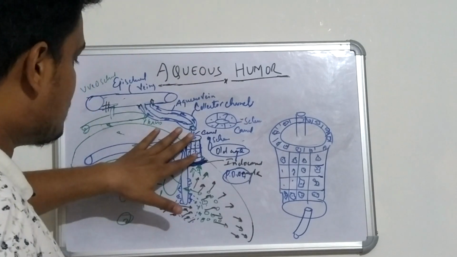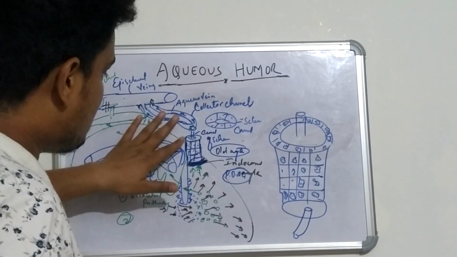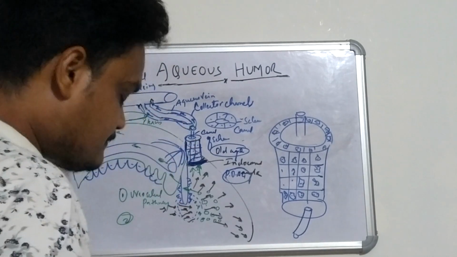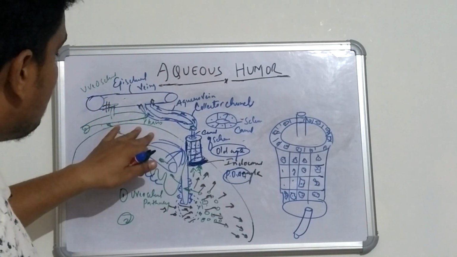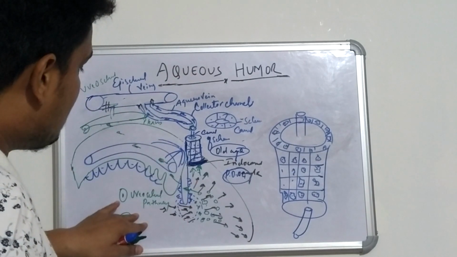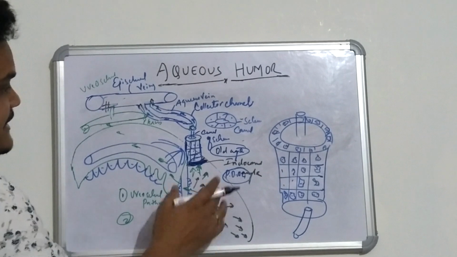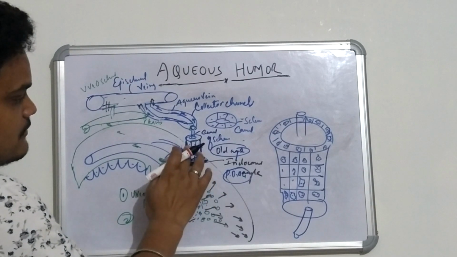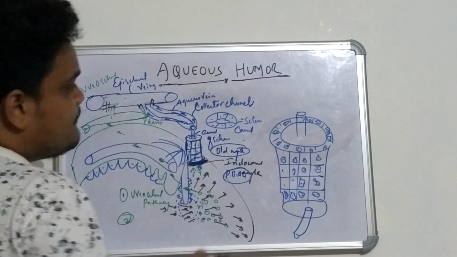And if there is any fibrosis or sclerosis in the trabecular meshwork area in the old age patient, it will lead to primary open angle glaucoma. So this is all about the pathways we discussed here, the conventional pathway, the unconventional pathway, and the chances of disturbance in this aqueous flow, which will lead to raised intraocular pressure, and the disturbance in the anatomical and physiological structure of the trabecular meshwork will lead to primary open angle glaucoma.